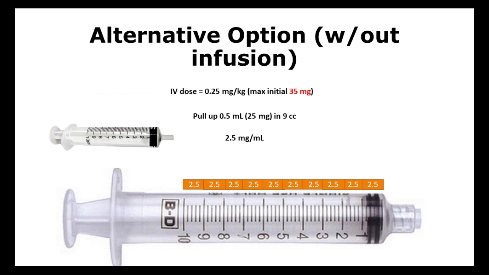All right. 25 milligrams should cover the vast majority of patients, since it is 0.25 milligrams per kilogram. Because if I'm giving a 100 kilogram patient 0.25 milligrams per kilogram, that is 25 milligrams. Okay, so if I pull up a half an ml in 9.5 cc's, all right, then I have 25 milligrams of ketamine in 10 mLs.